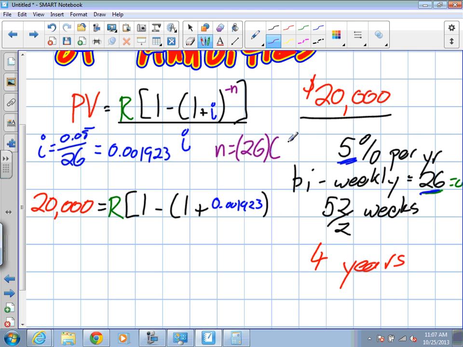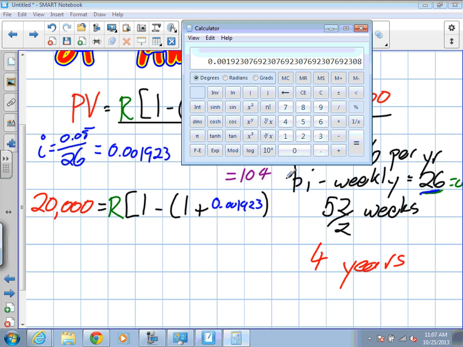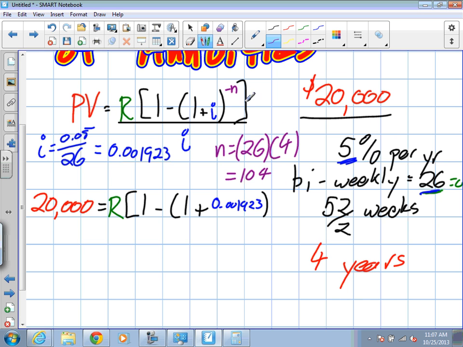What does that equal? 104. 26 by 4, 104. Beautiful. So our power, our N, is negative 104. And it's negative 104 because it's present value. Okay?